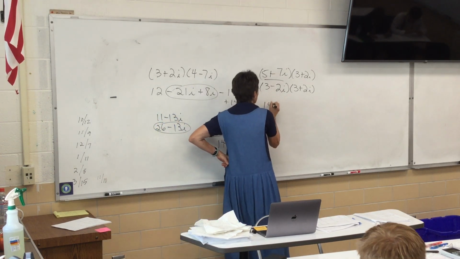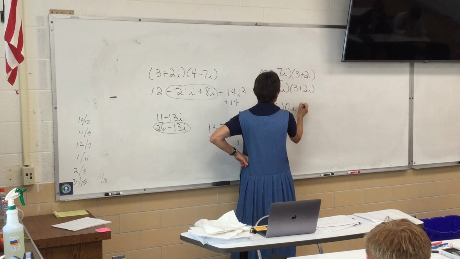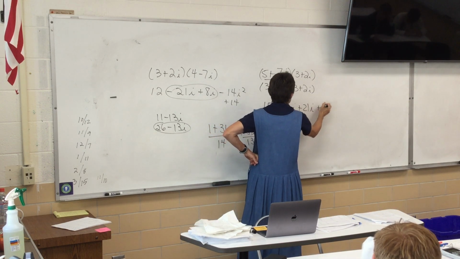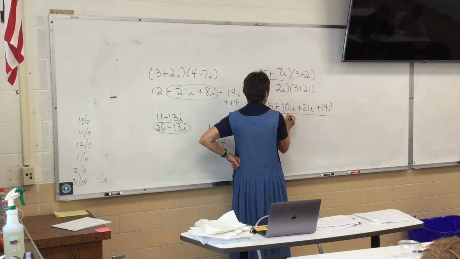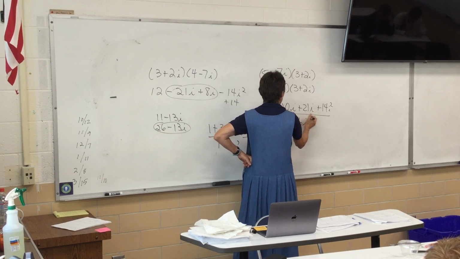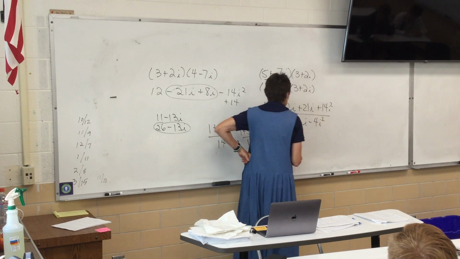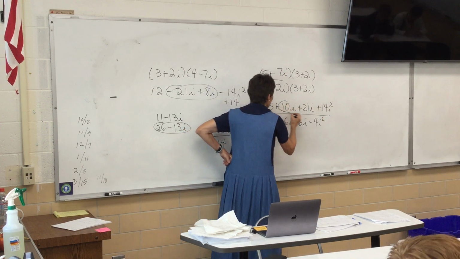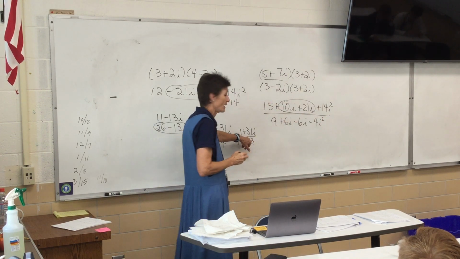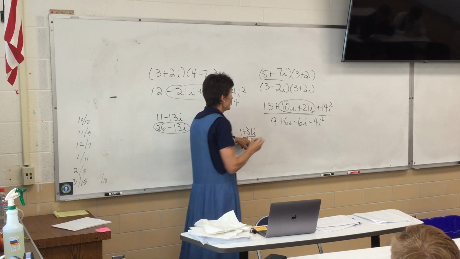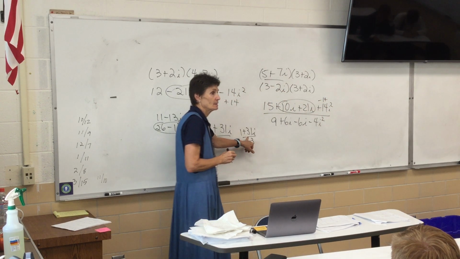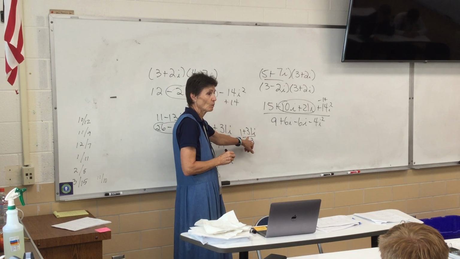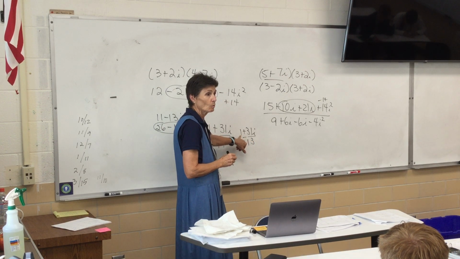15 plus 10i plus 21i plus 14i squared, and 9 plus 6i minus 6i minus 4i squared. Now, I think it's pretty obvious that the 31i is correct. This makes a negative 14, doesn't it? So 15 minus 14 is indeed 1.